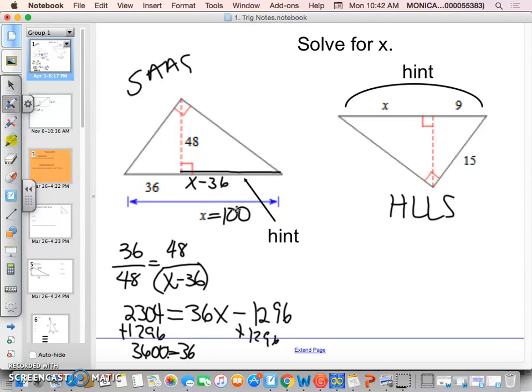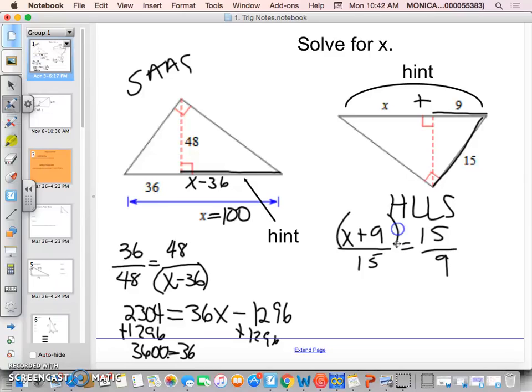Okay. Now over here, we're going to use HLLS. We don't know our hypotenuse, but we do know that if we add these two sides together, it'll give us our hypotenuse. So we're going to do x plus 9 over the leg. Remember, we're looking at the big triangle. So that'd be 15 equals 15 over the part that's connected to the smaller triangle, so that's 9.